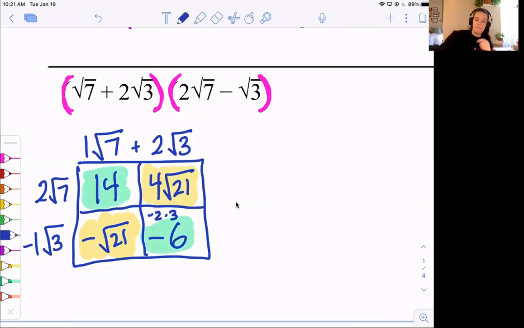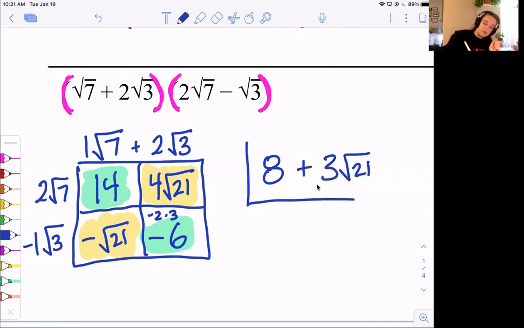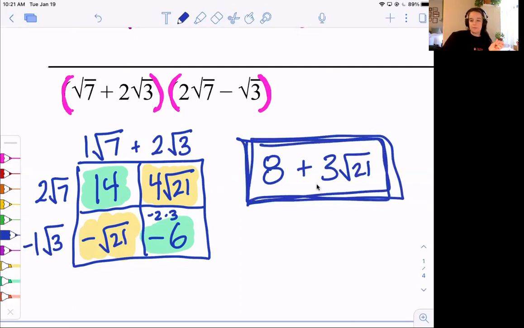So 14 minus 6, that will give me 8. And I have 4 root 21 minus 1 root 21 would be 3 root 21. It's positive, so I'm going to put a plus sign there. This would be my answer for this type of problem. This is my answer here.